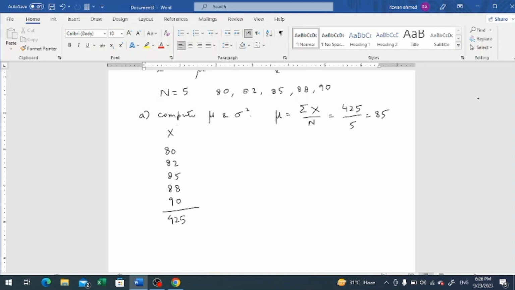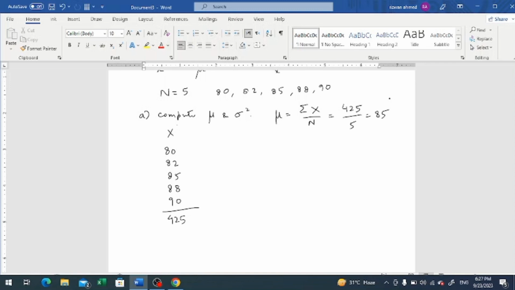Similarly, if we compare 80 and 90, the minimum and the maximum values, 80 is 5 units below 85, and 90 is 5 units above 85. So this data contains symmetry, and in symmetry we can generalize that both mean and median have the same value.